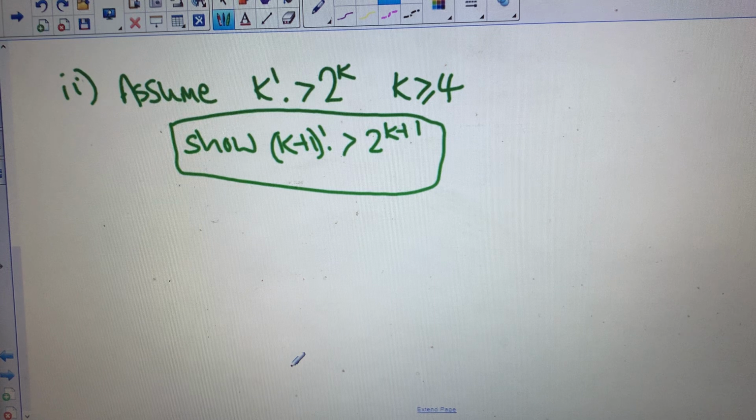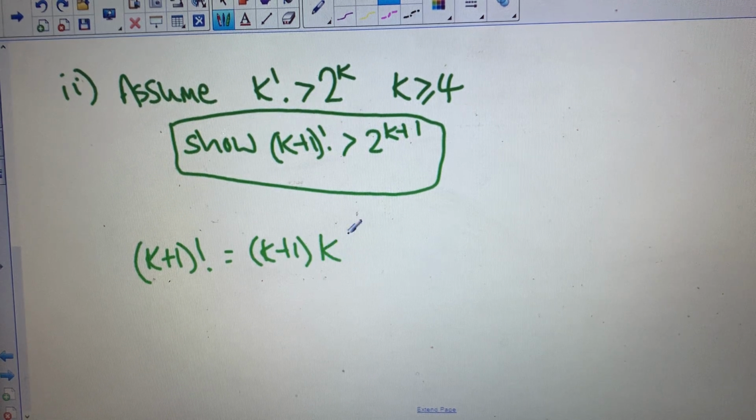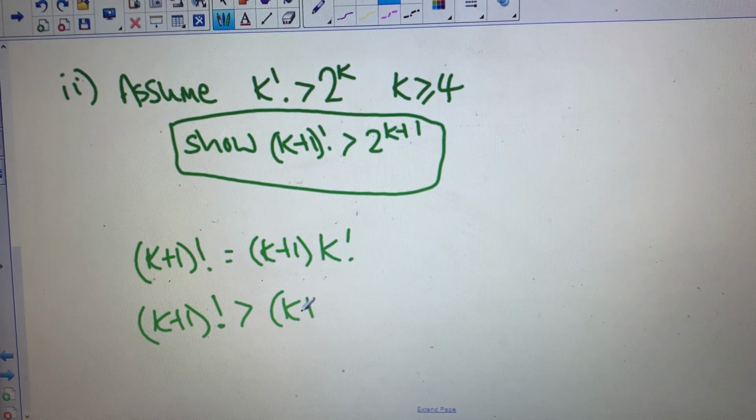So we know that k plus 1 factorial is the same as k plus 1 times k factorial. So we know that k plus 1 factorial is greater than k plus 1 times 2 to the k.